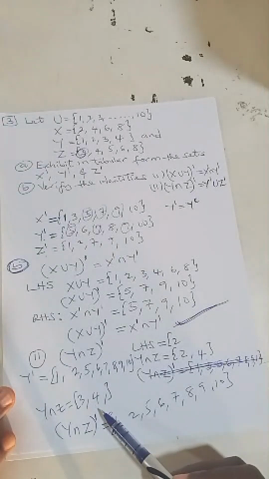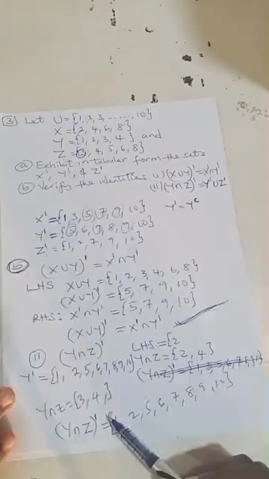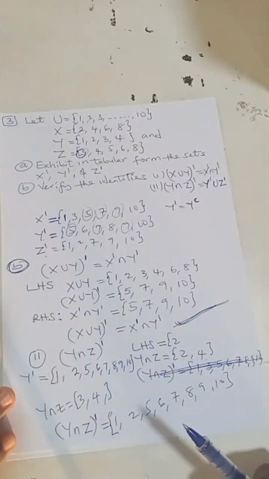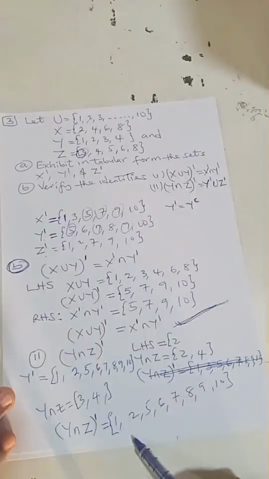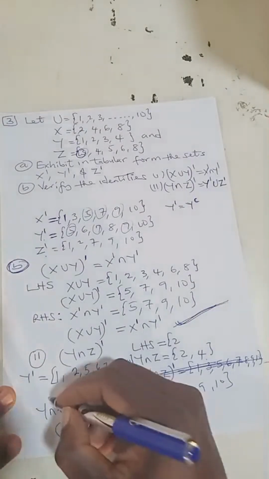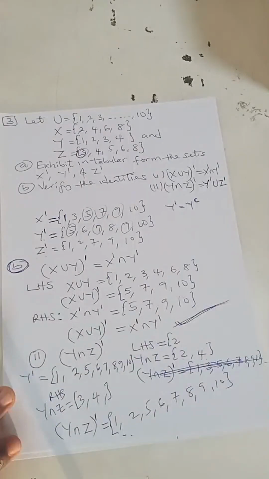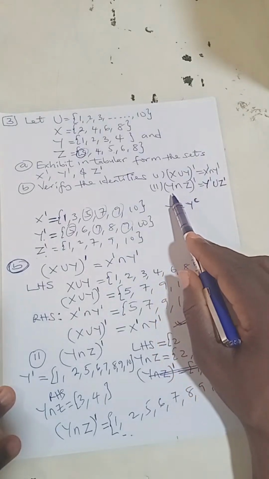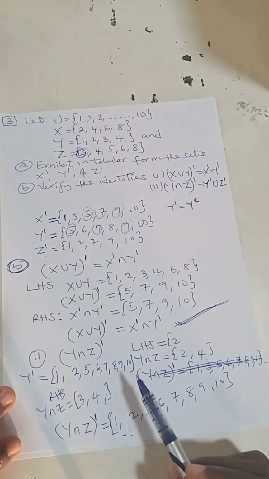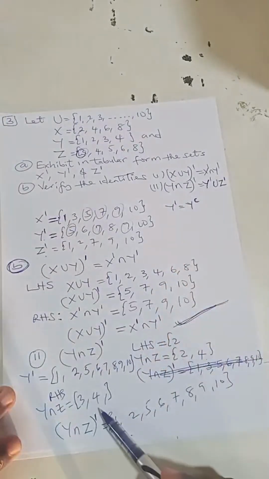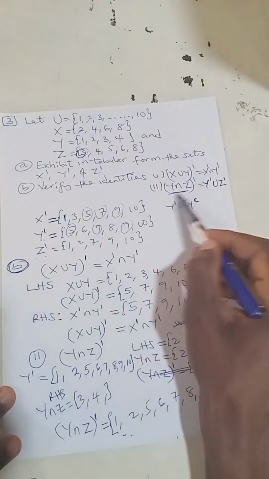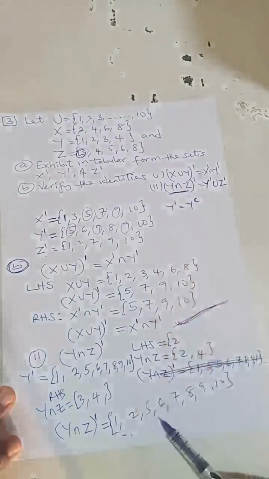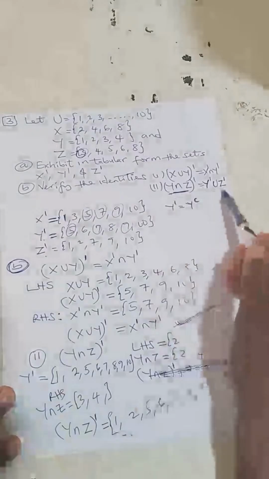Then the left-hand side. I think we have done that. The left-hand side is Y intersect Z, and that is done. Then Y prime union Z prime, that is the one here.